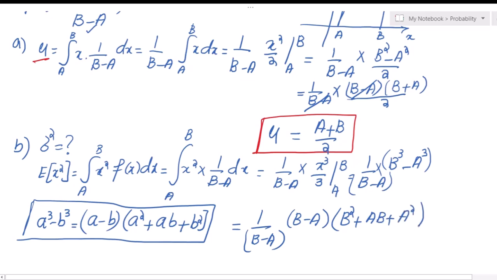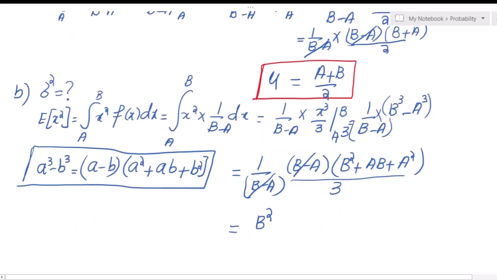So these two will cancel out, and we also have this 3 included here as well. So ultimately the answer would be (b square plus ab plus a square) whole divided by 3, and this is the value of E of x square. Okay, so this is what we know now.